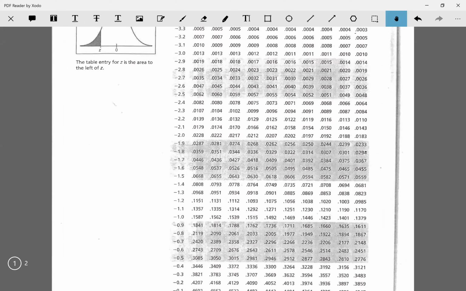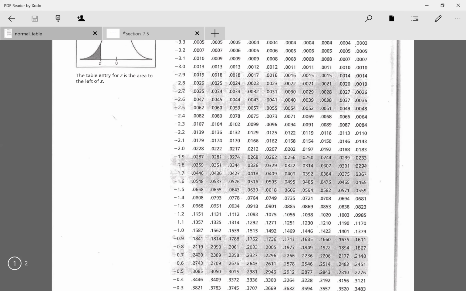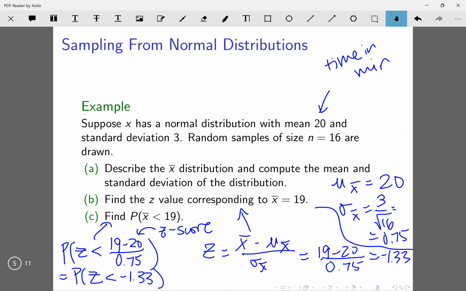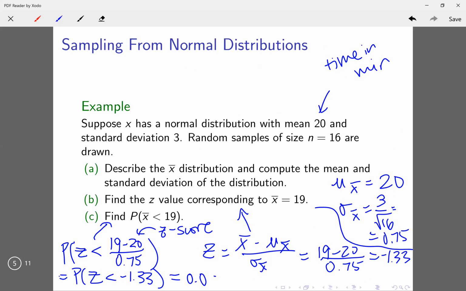And what we should get is 0.0918. So if I go back here, this should equal 0.0918. And that's the probability.